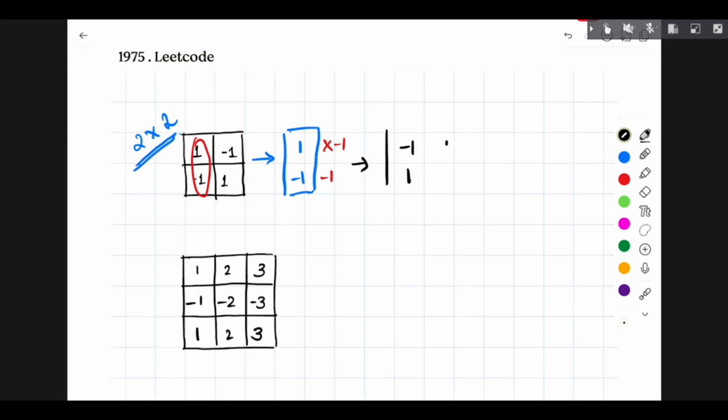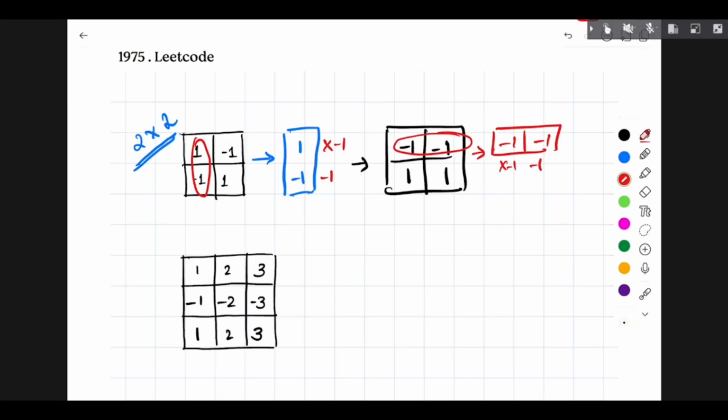Now these two negative numbers are adjacent, right? So for these two negative numbers, I will multiply again using -1. The final matrix that I'll get is completely 1s, right? So this is how a 2 cross 2 matrix works.